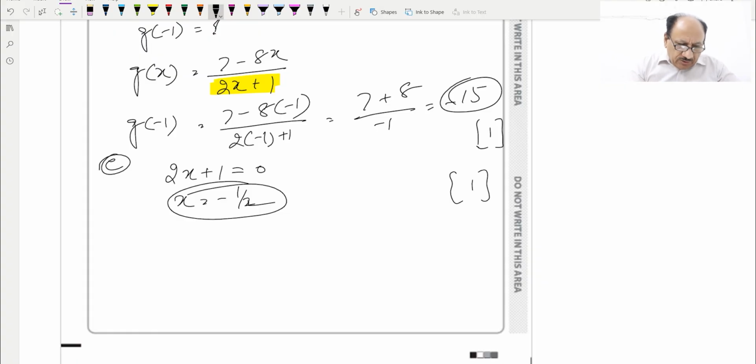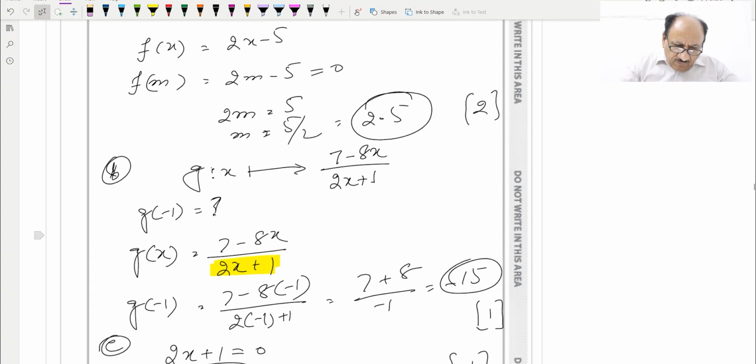Now part D says find the value of x to 3 significant figures for which f of x is equal to g of x, and we need to show our working also clearly. f of x is equal to g of x.